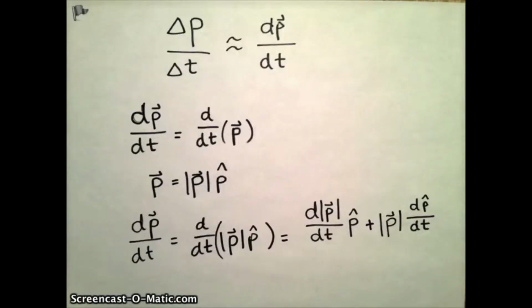When t is small, the change in momentum over the change in time is approximately equal to the derivative of the momentum. Since we know that the vector momentum is equal to the magnitude of momentum multiplied by the direction vector of momentum, we can use calculus and find that dp over dt is equal to the derivative of the magnitude multiplied by the direction vector of momentum plus the magnitude of the momentum multiplied by the derivative of the direction vector.